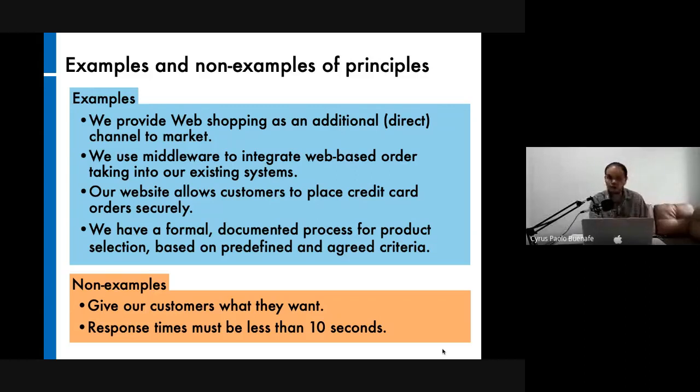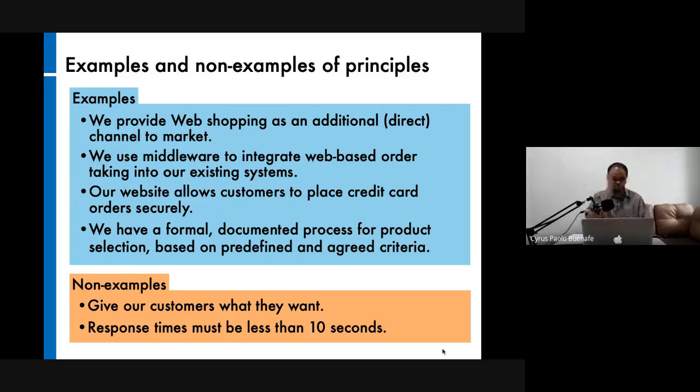Now we go back to the examples. The first example here is, "we provide web shopping as an additional channel to market." You don't have the nitty gritty details yet, but you have a general idea, something fundamental. Next, "we use middleware to integrate web-based order taking into our existing systems."